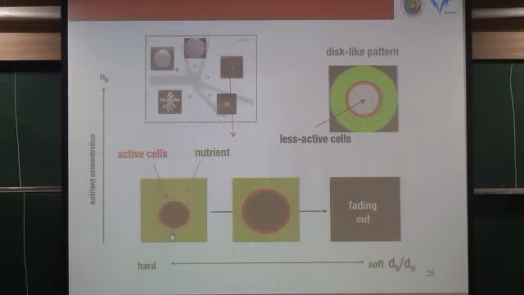This is similar to the previous model 2. I told you that it's not interesting because for any parameter regime, we have only this one. But in this model, in this area, we have this kind of pattern. So how about another environment?